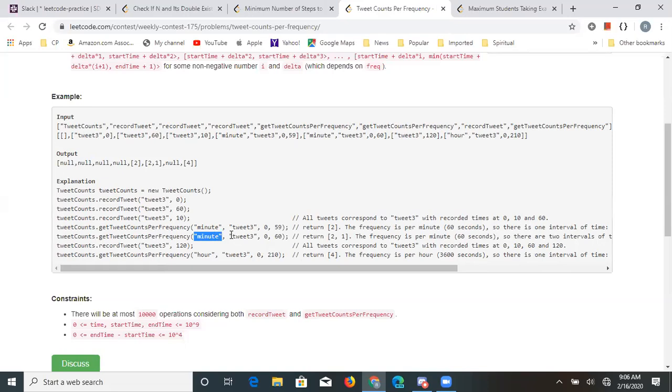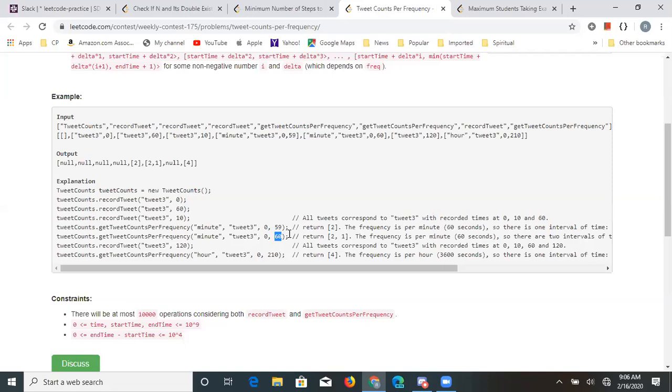I will explain on the board, but this is very important. If you don't understand it, we will not be able to derive the actual solution. In this example, from 0 to 59, there is 1 minute, and we had 2 tweets in that minute. The second one, at 60, is the beginning of another minute, so that doesn't belong to that particular bucket of minute.